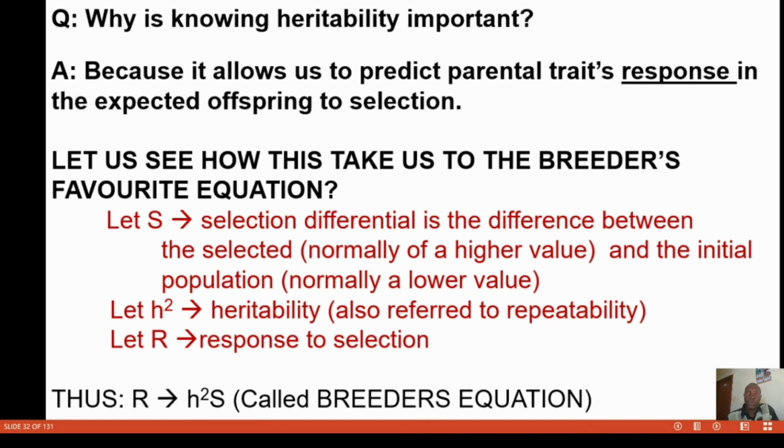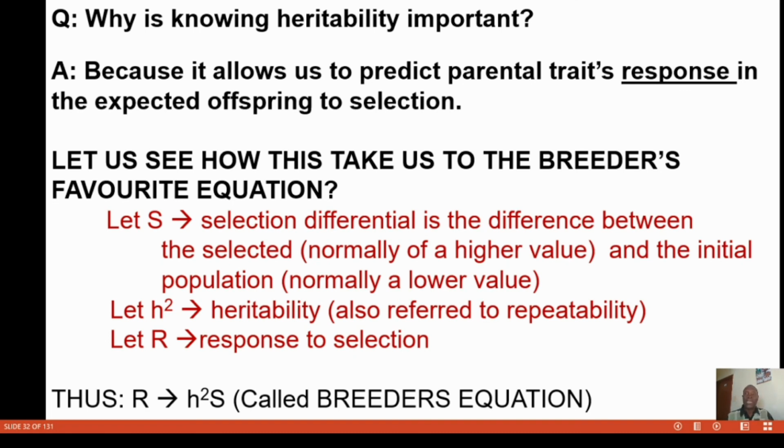So why is knowing heritability important? The answer is because it allows us to predict the parental traits response in the expected offspring to selection.